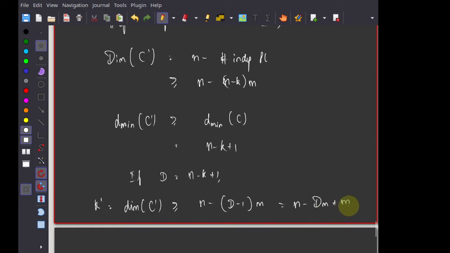So if m equals 1, then basically I recover MDS. This is not MDS in general, because I know that the minimum distance is at least D, but potentially the minimum distance could be larger than D, and the rate is at least equal.